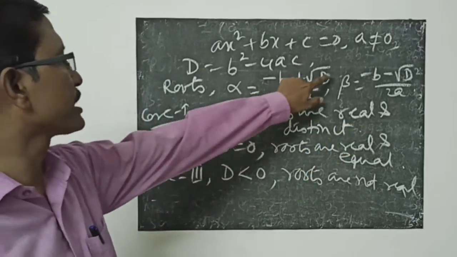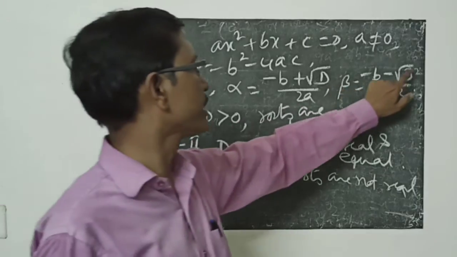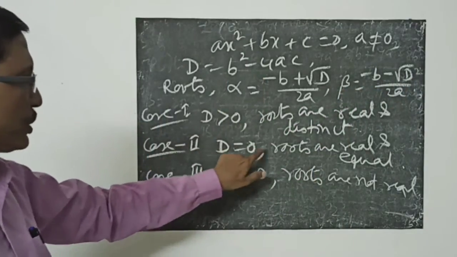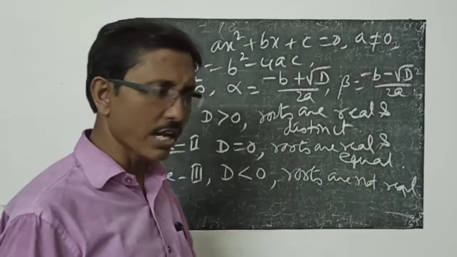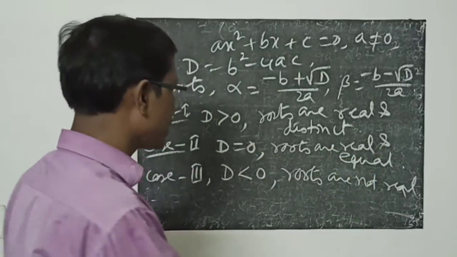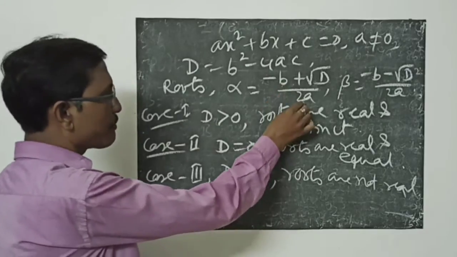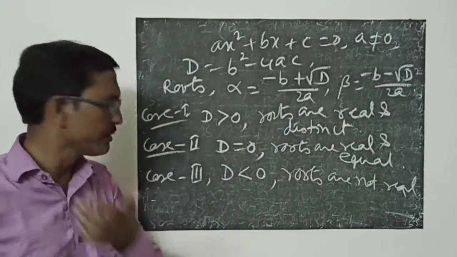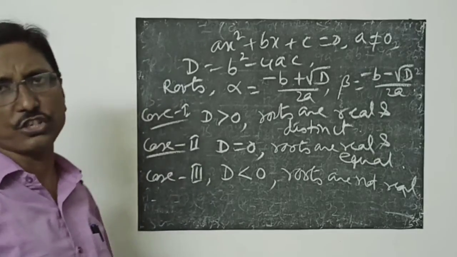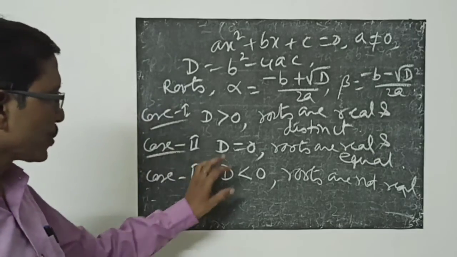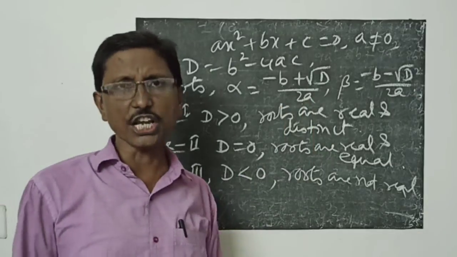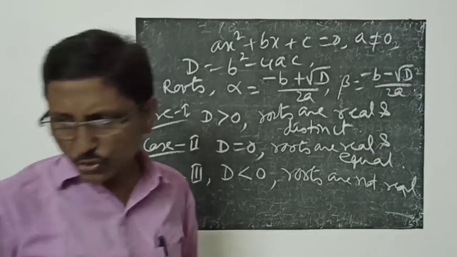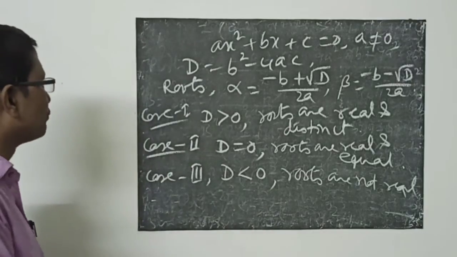These roots will be minus b plus root D by 2a and minus b minus root D by 2a. If D equals 0, then the roots are real and equal, and each root will be equal to minus b by 2a, because root D equals 0. And in the third case, if D is less than 0, then the roots will be not real, or you can say imaginary.